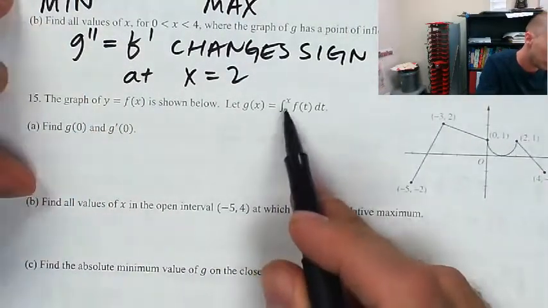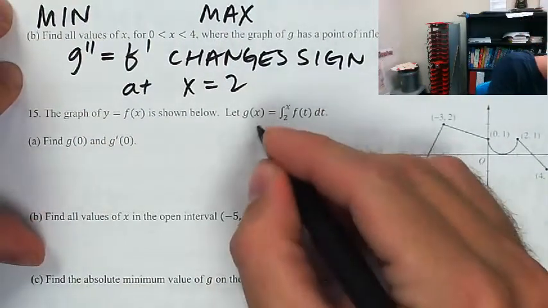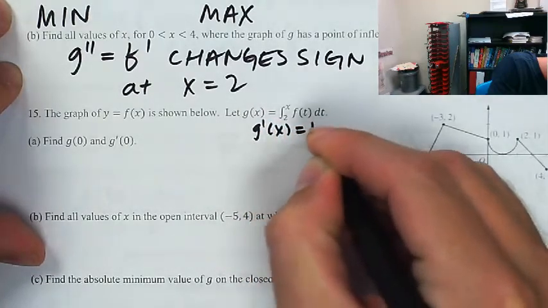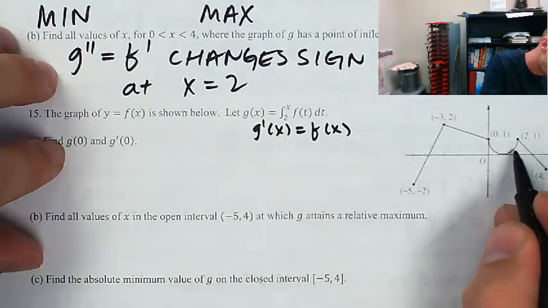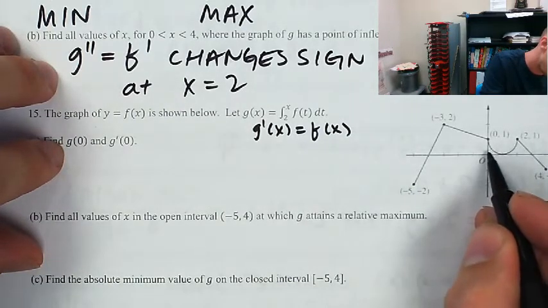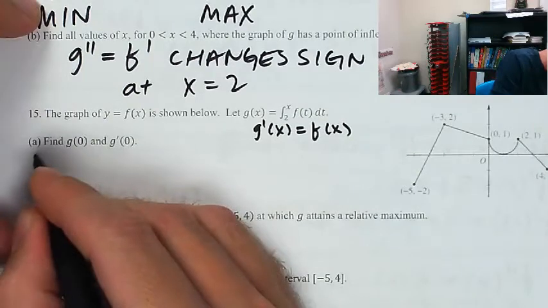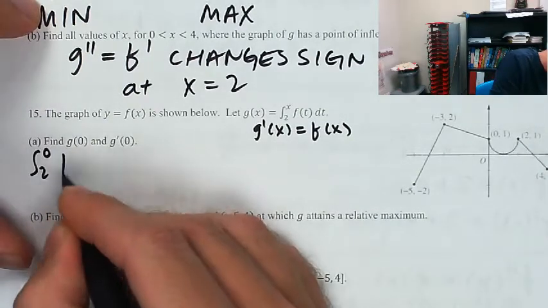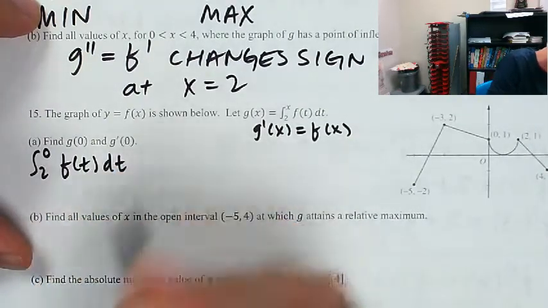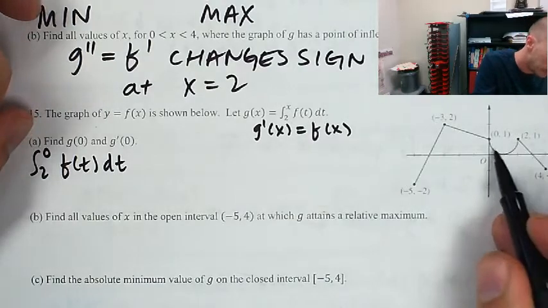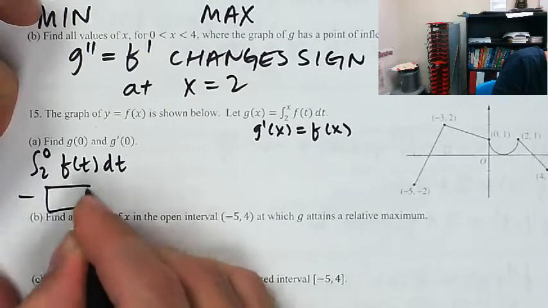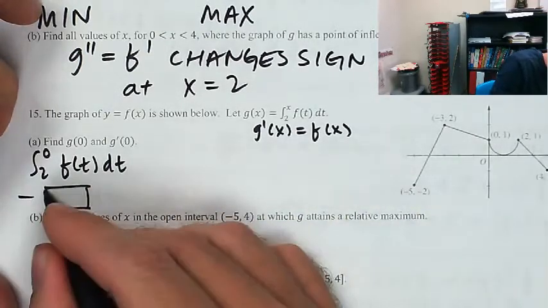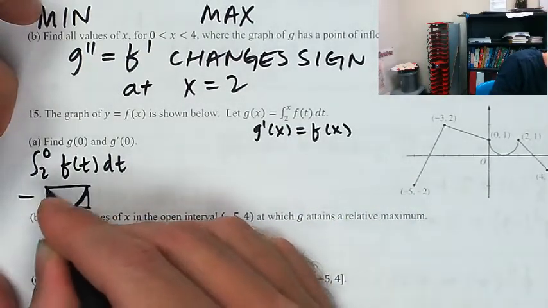If g of x is the integral from 2 to x of f of t dt, we know that g prime of x equals f of x. G of 0 is going to be the integral from 2 to 0 of f of t dt. That's going to be the negative of this area, which I'll find by taking that rectangle and subtracting that half circle.